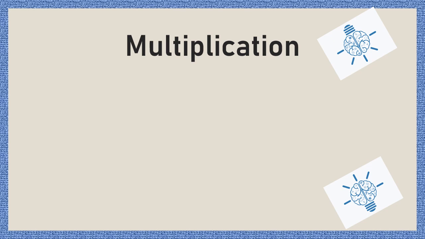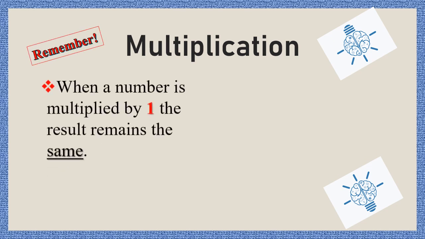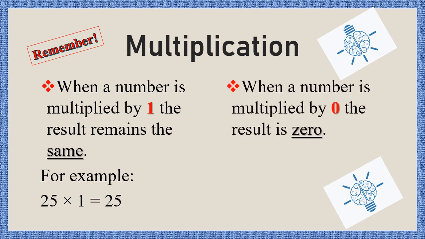Students, let's note some important points about multiplication. First point is, when a number is multiplied by 1, the result remains the same. For example, if you multiply 25 with 1, your answer is 25. And the second point is, when a number is multiplied by 0, the result is 0.